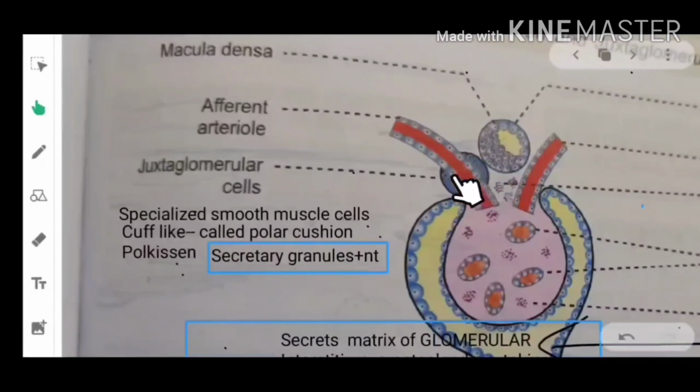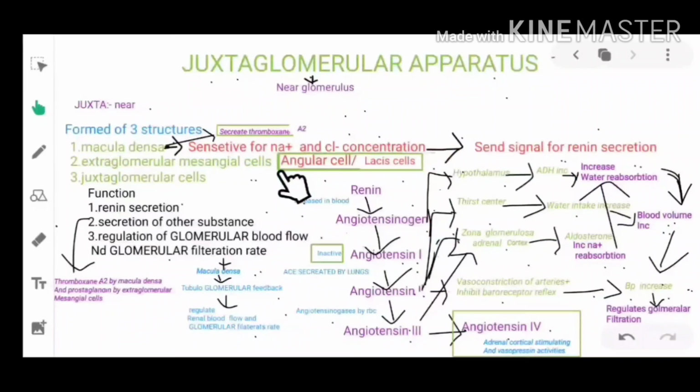This part of the afferent arteriole is thickened like a cuff, therefore it is also called polar cushion or polkissen.